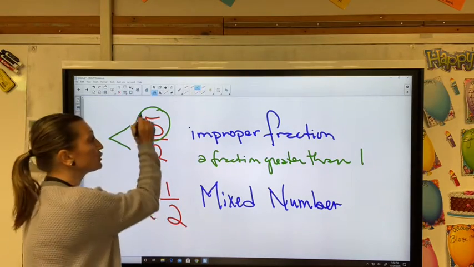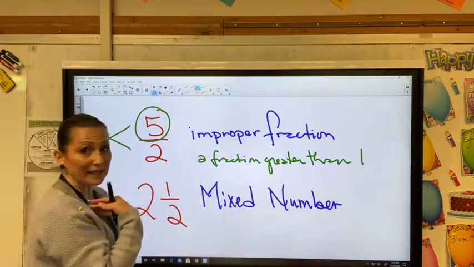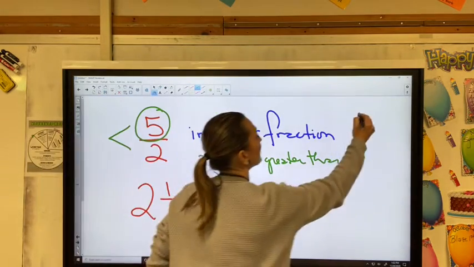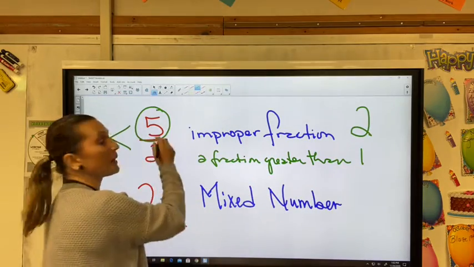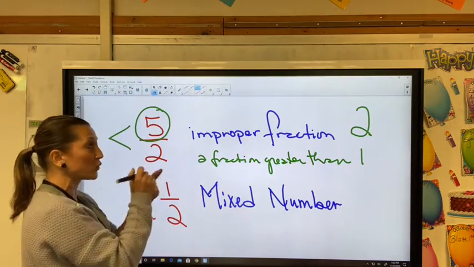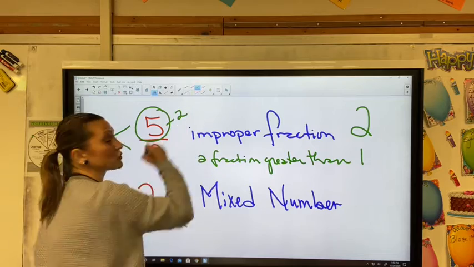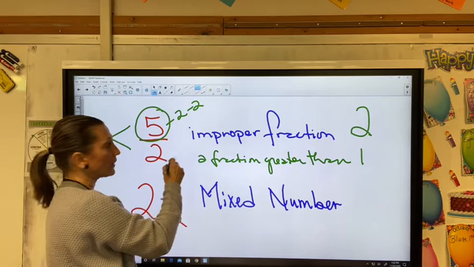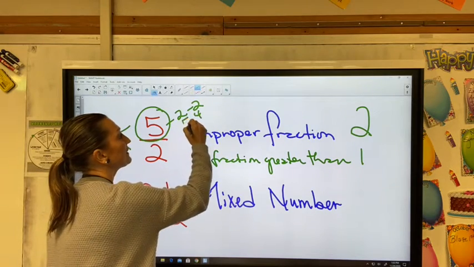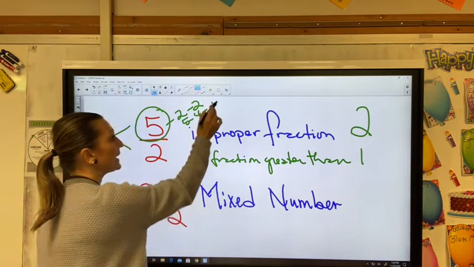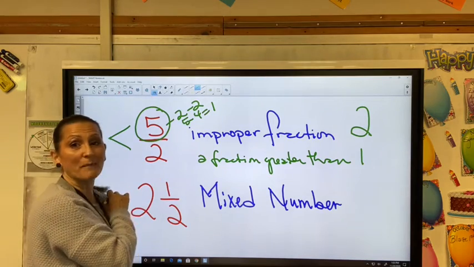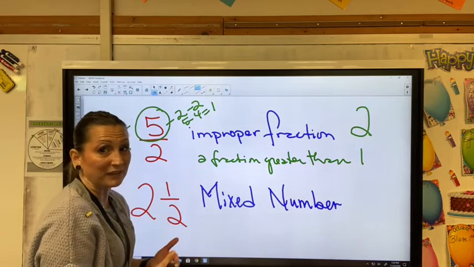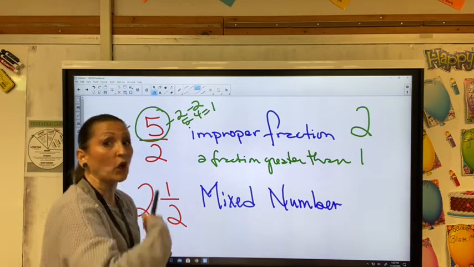I see how many 2's I can get out of 5. I know I can get 2 because 2 times 2 is 4. So I know I can get 2. And then there will be 1 left, because if I subtract 2, and subtract 2 again, that is 4. 5 minus 4 leaves me 1. That 1 has to always go back over my denominator, because then it tells me how many extra parts I have left before I get another whole.